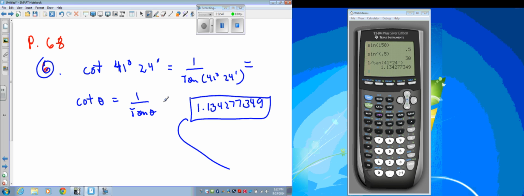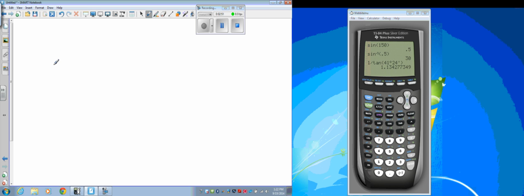Now, as a side note, let's just say that you had sine of 21 degrees, 20 minutes, and 15 seconds. Well, the way you'd put that in your calculator, you'd go sine 21. You're going to have to force it.